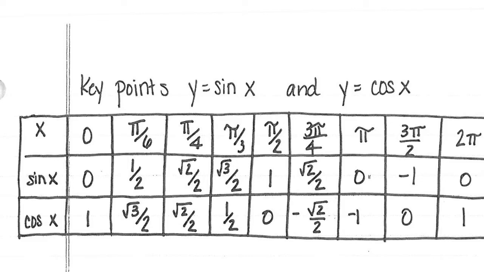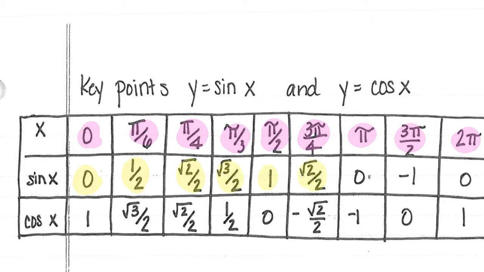When the x is at these places, 0, pi/6, pi/4, pi/3, pi/2, 3 pi/4, pi, 3 pi/2, and 2 pi, they show us where the sine and the cosine will be. Now, you probably already know this because you've had to memorize the unit circle, but it's good to just know and recognize what's happening here.